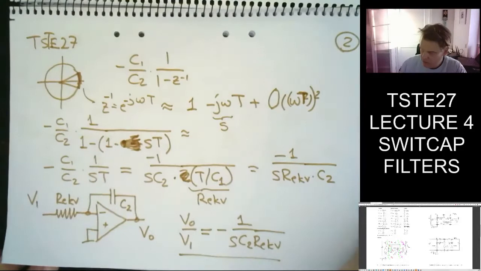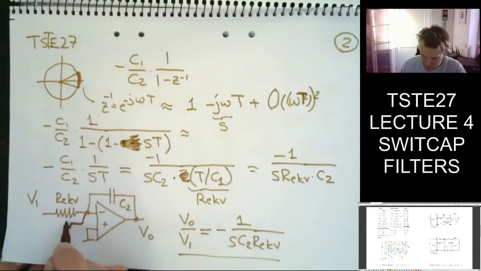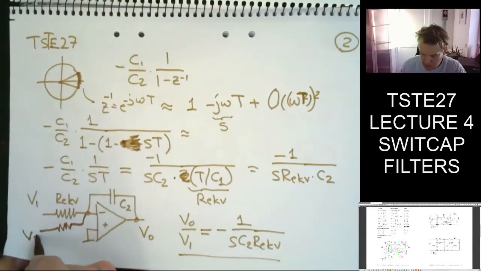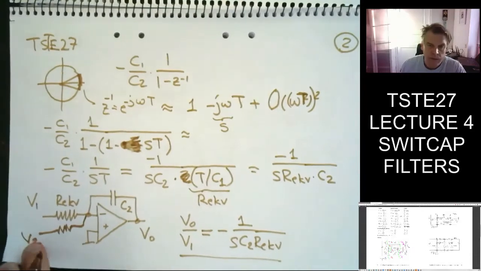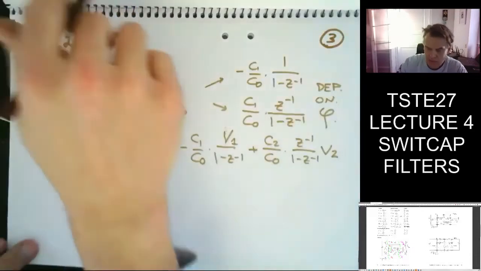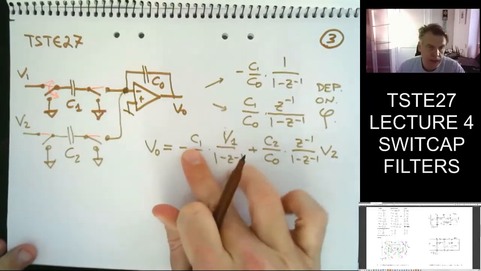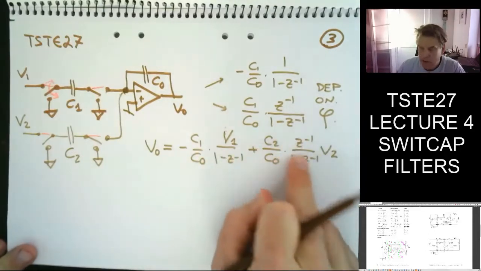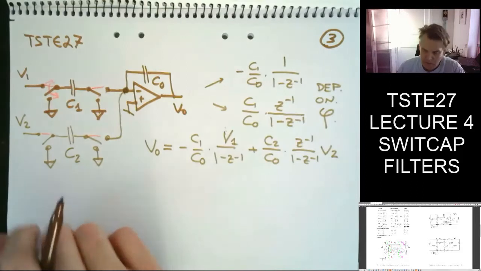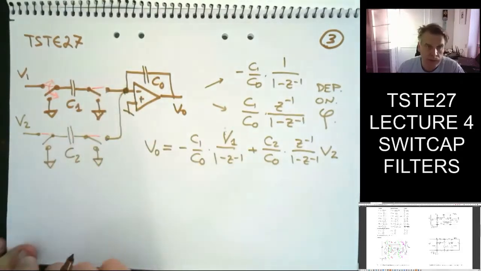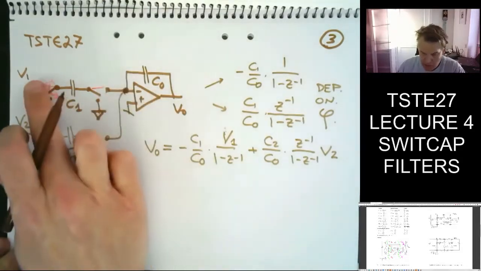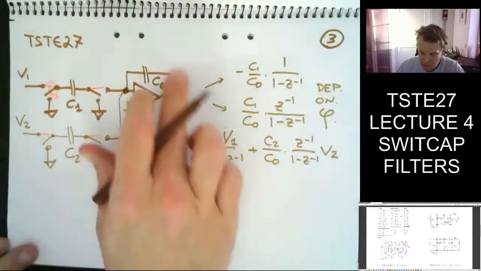We could add additional resistors at the input here to connect to another V2. We can obviously do the same here, but the nice thing is that I also have the option to change the sign and introduce delays, so I can play around. I'm a little bit more free in the way I can play around with the input connectors to this accumulator.